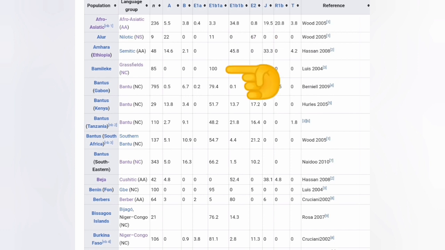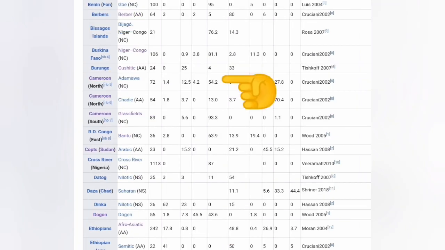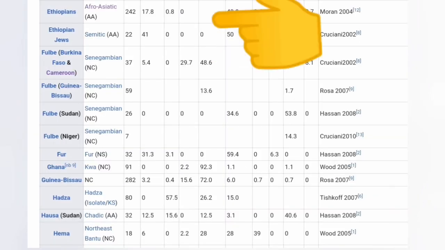Grassfield, 100, 79.4 in Bantu, 51.7 in Bantu, 48.2 in Bantu, 54.7 in Bantu, 66.2 in Bantu, 0 in Cushitic, 95 in GBAE, which is Benin, 5% in Berber, 96% in Niger Congo, 81% in Niger Congo, 4% in Cushitic, 54% in Adamawa, 13% in Chadic, 93% in the Grassfields, 63% in Bantu NC, 0% in Arabic, 87% in Cross River, 11% in Nilotic, 46% in Dogon, 48% in Senegambian, but 0% in Afroasiatic and 0% in Semitic.